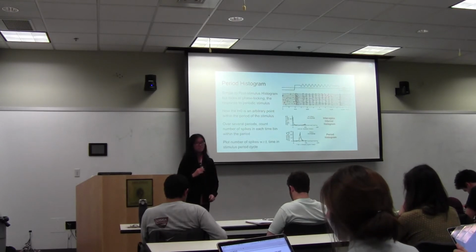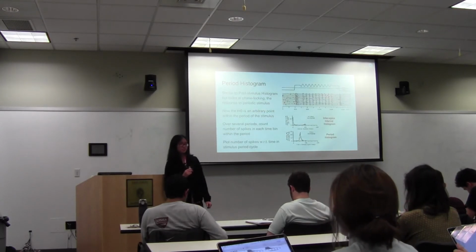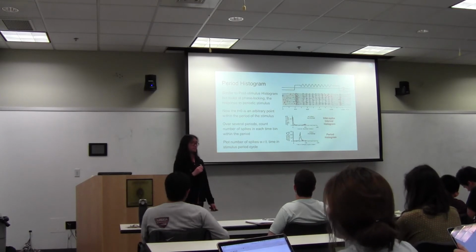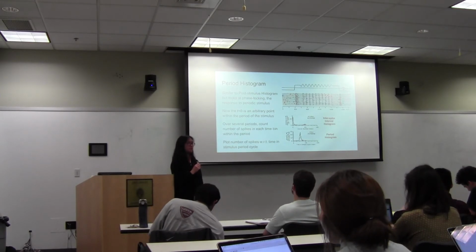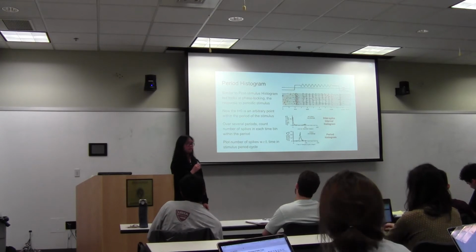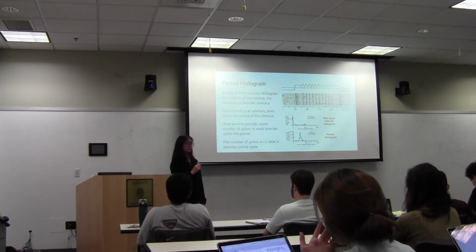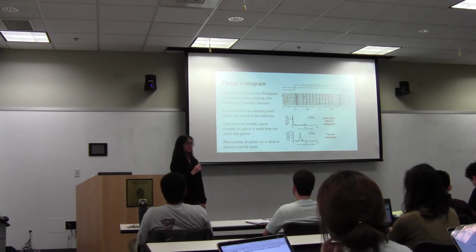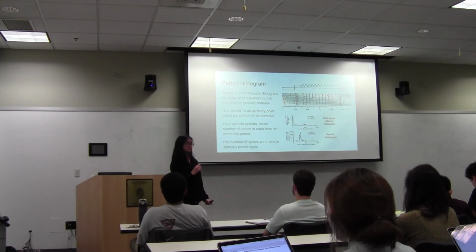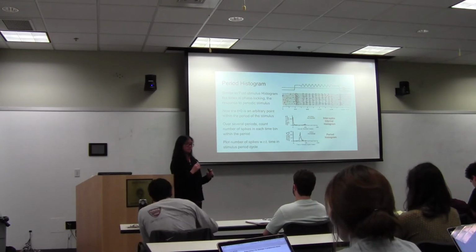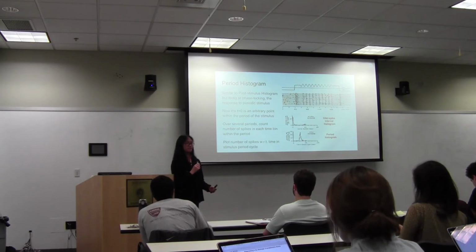So the last one is the period histogram, which is very similar to the post-stimulus histogram, but this time, instead of t equals 0 being your stimulus, your t equals 0 is some point in your stimulus period that you choose.